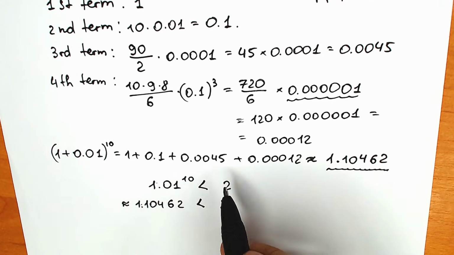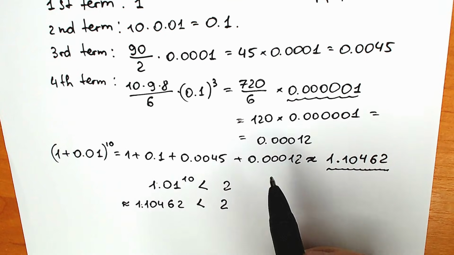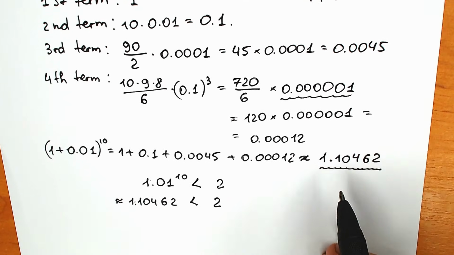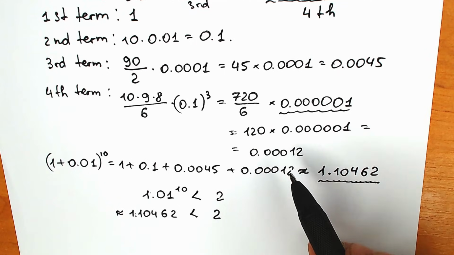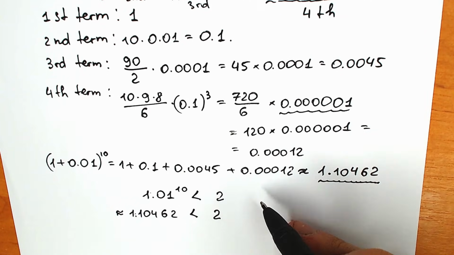And why is expanding to a fourth term enough? It's an infinite sum, but when x is small, the higher powers of x shrink very fast. Each extra term is roughly x times smaller than the previous one. So it doesn't matter when we find, for example, the fifth term or sixth term, each of these terms will be significantly less than the previous one.